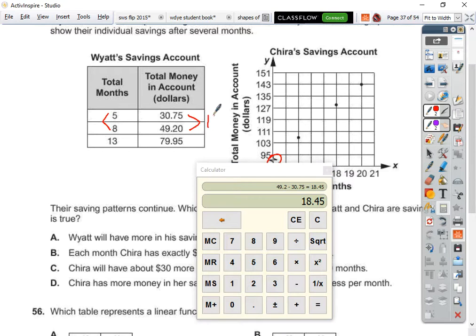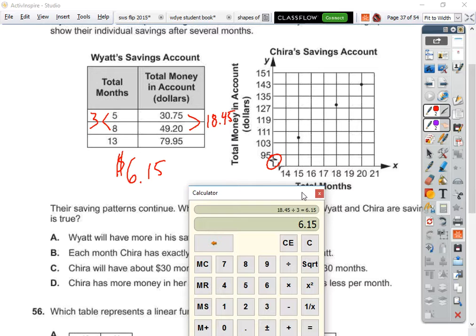And so we have a difference of $18.45. And that occurs over a 3-month period. So we divide by 3, and we get $6.15. So she's saving $6.15 per month. Let me tell you, it's going to take her a long time to buy anything at that rate.